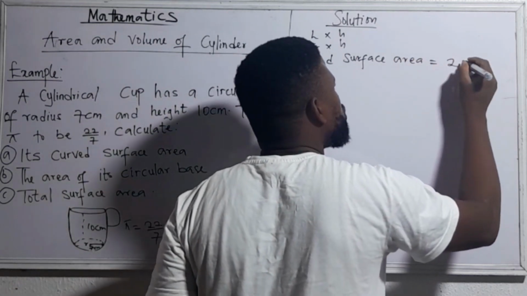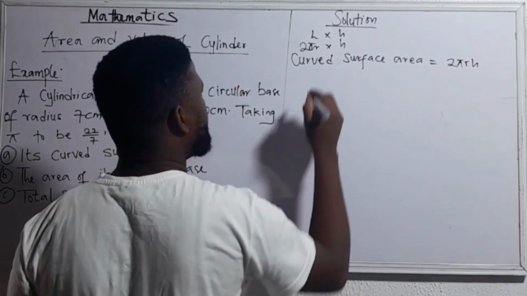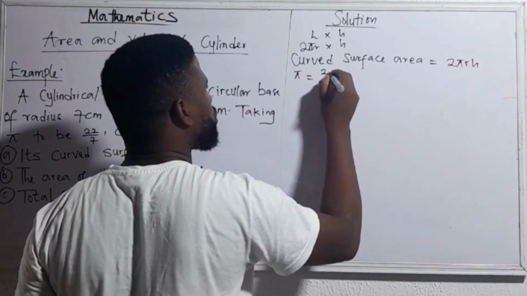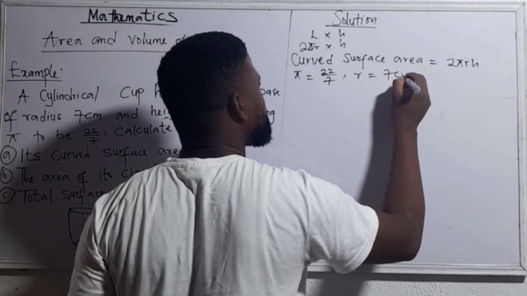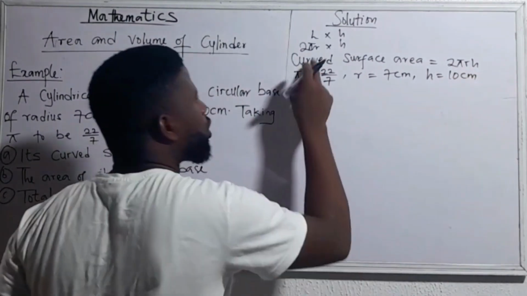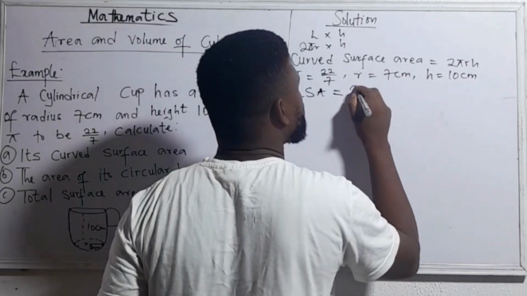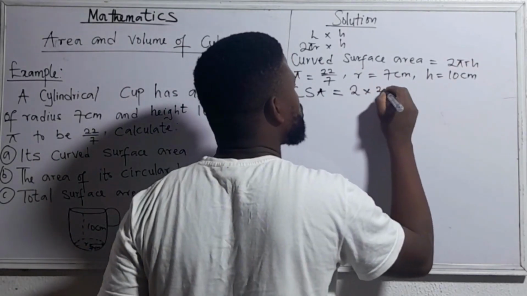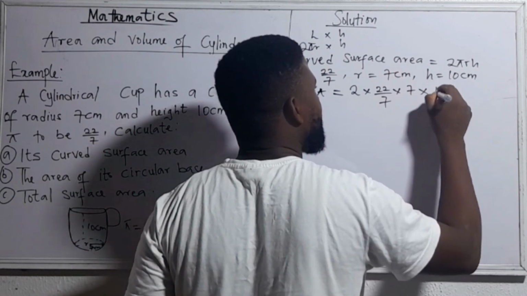is equal to 2 pi r h, where we have pi equal 22/7, radius equal 7 centimeter, and height equal 10 centimeter. So the curved surface area, CSA, equals 2 times pi, which is 22/7, times radius, which is 7, times height, which is 10.